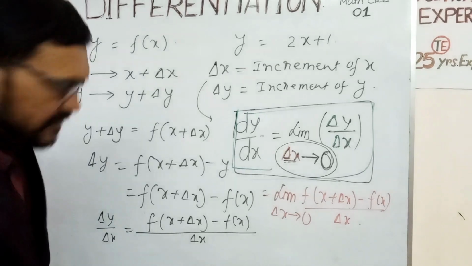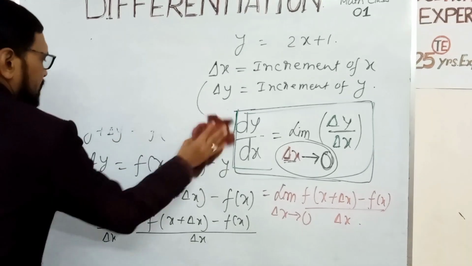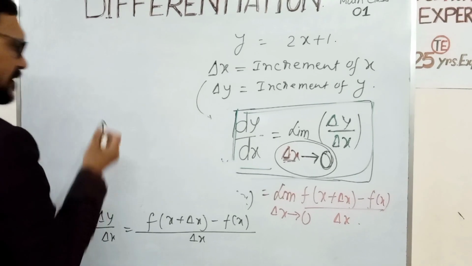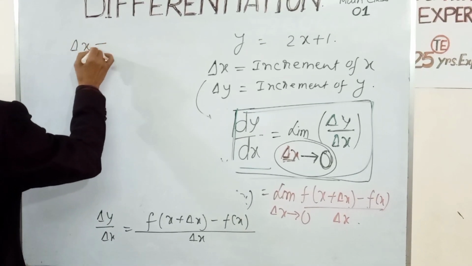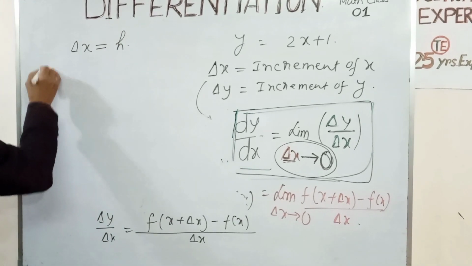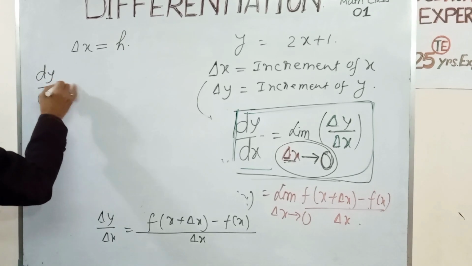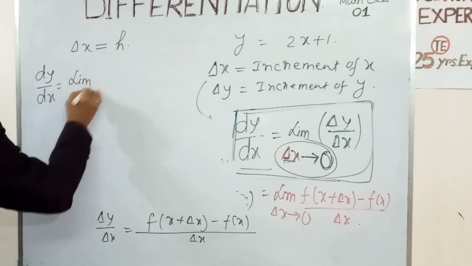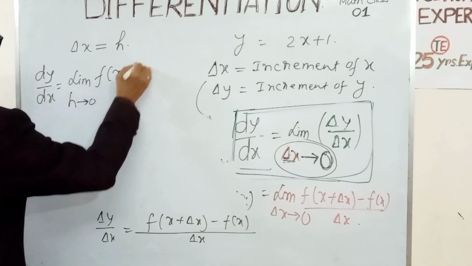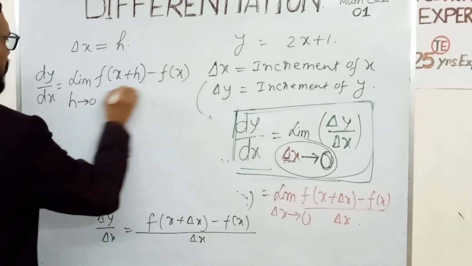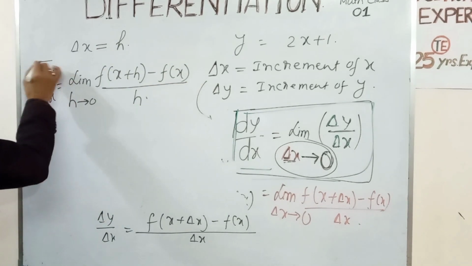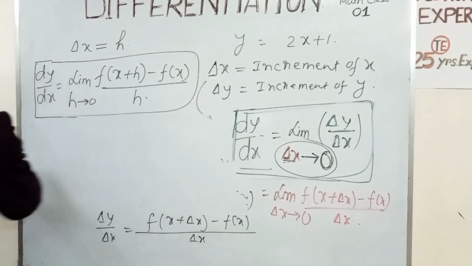Now if delta x is denoted by h, which is a very small quantity, then dy by dx will be the limit as h tends to 0 of f of x plus h minus f(x) by h. So this is the definition of dy by dx.